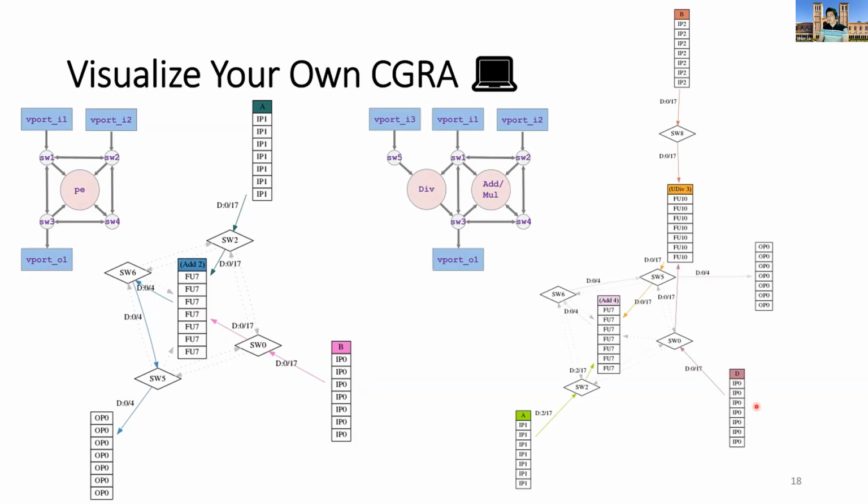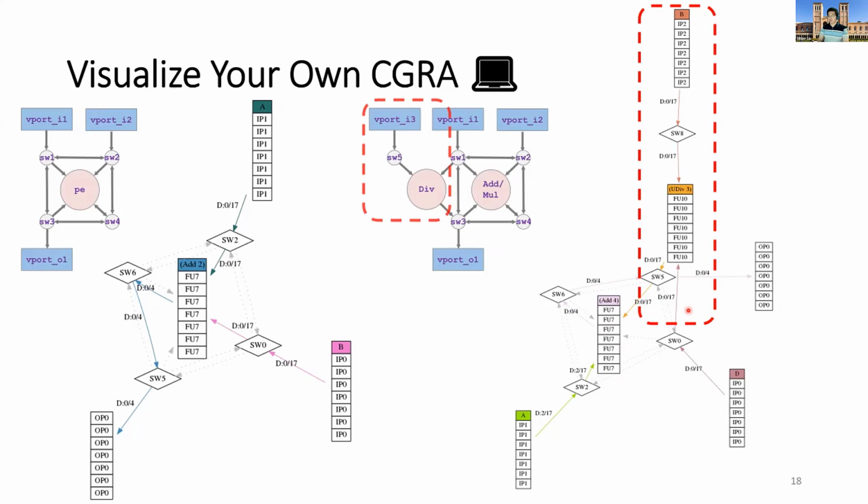So you can take two inputs, which are B and D, do division on the newly added processing element, and route it to another switch. And this processing element will take the result and another input to produce the add, and the result will be routed through this routing network to the output vector port. And you can see the actual mapping of the compute dataflow graph mapped onto your CGRA. And yeah, this is the part that we just added.